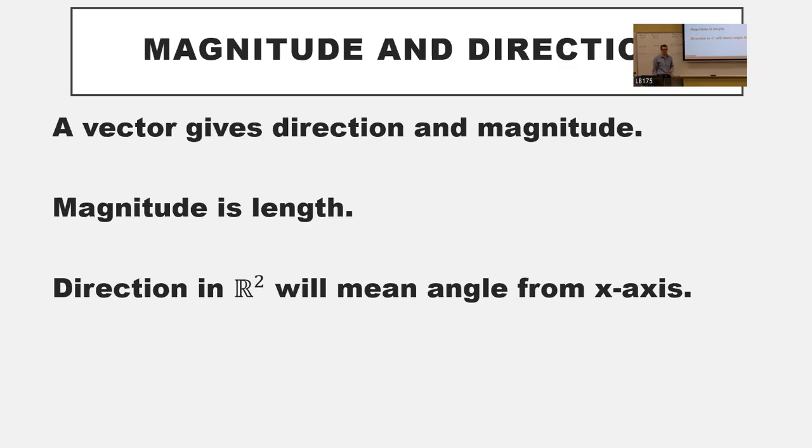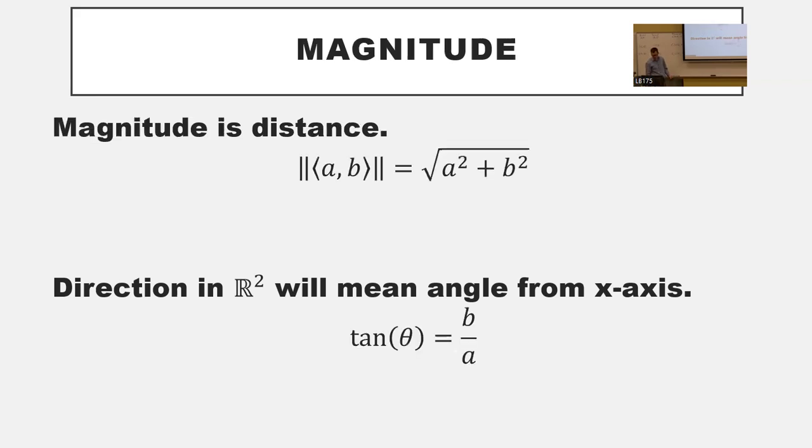Just like with polar coordinates, we had angle from the x-axis, so we can find the direction that way. So magnitude is the distance or length of a vector.